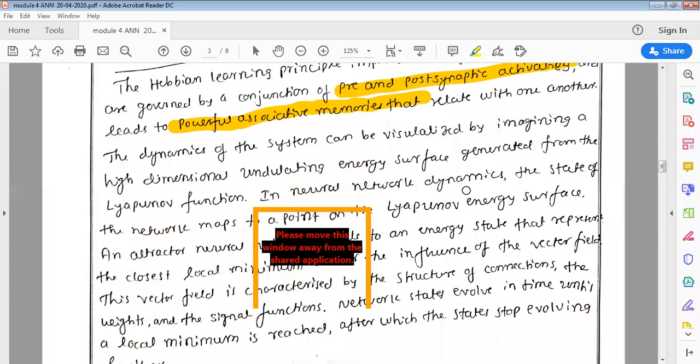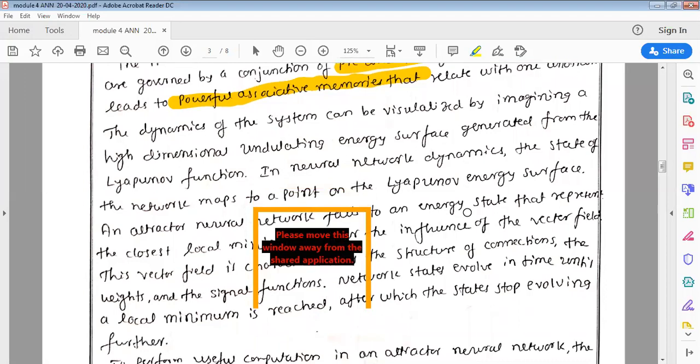Assume that you have a sinusoidally varying surface with some ups and downs, generated from a Lyapunov function. A Lyapunov function is written in order to evaluate or estimate the stability of a system. How stable is your system?